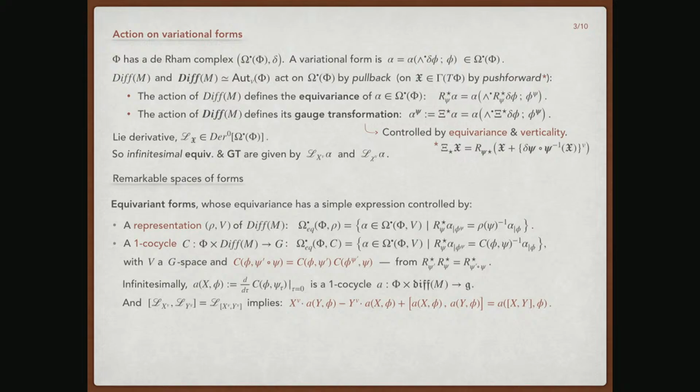Well, yeah, in a sense, yes, because as we said, if for that guy you were to forget about that first slot, that is just a group morphism in that case between diffeo and G. So it would be, yes, you're right, a kind of representation of diffeo onto something, the something being any G-space. If you have a vector space V, for example, on which G acts as a group, you would have a representation of diffeo on that vector space.